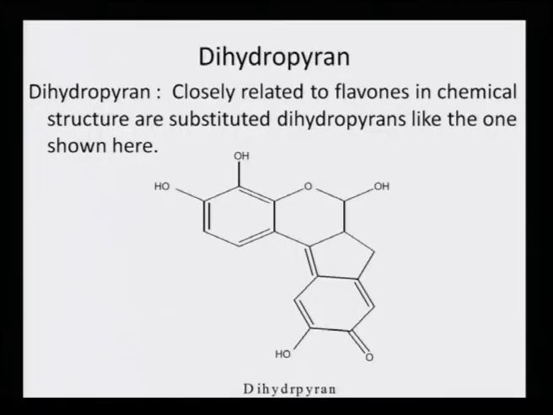Now, there are some other dyes which need to be discussed. Structurally, they are different. Dihydropyran dyes, closely related to flavones in chemical structures, are substituted dihydropyrans like the one shown here. Now, this dihydropyran also has a hydroxy group, it has a carbonyl group and an enolic carbon. So, it has the potential of becoming a very good dye.